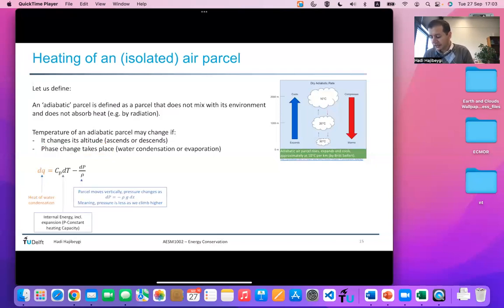So for this parcel, change of the Q, so heat of water, let's say if water condensation takes place in this process, because there is no other heat to be added to it or released from it except from condensation or evaporation, it will cause change of the internal energy through the constant pressure process that we have already discussed.